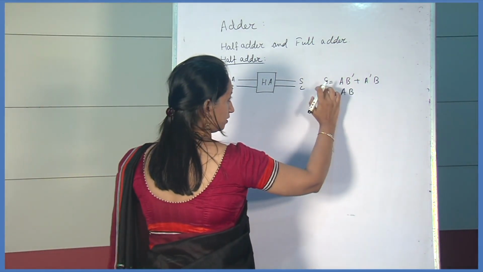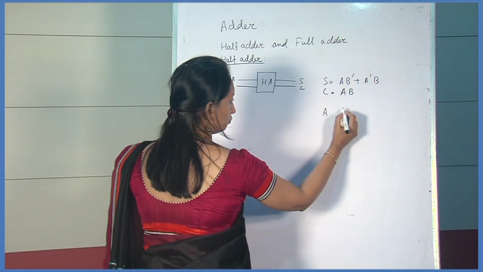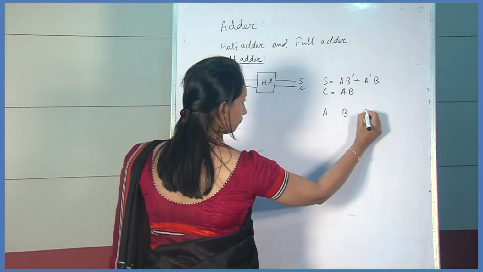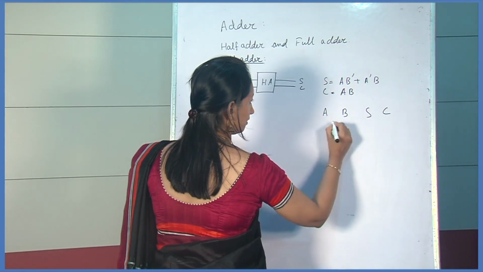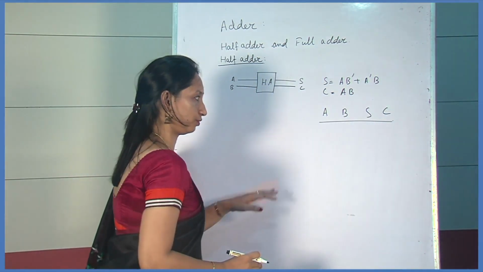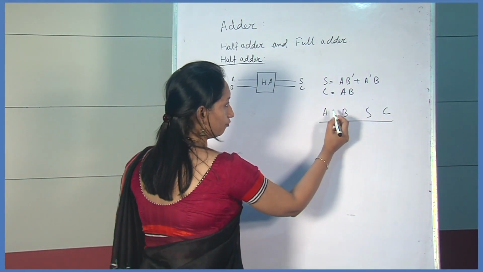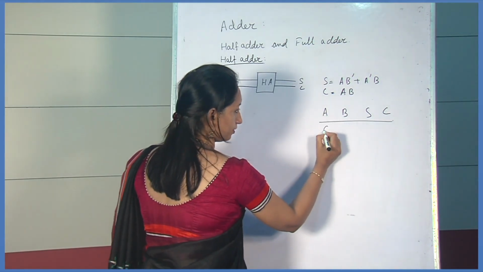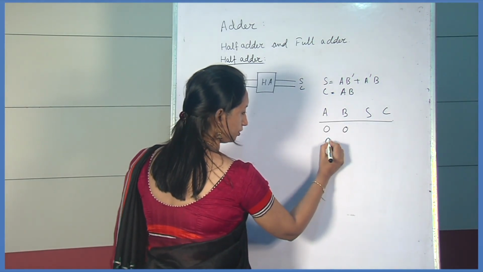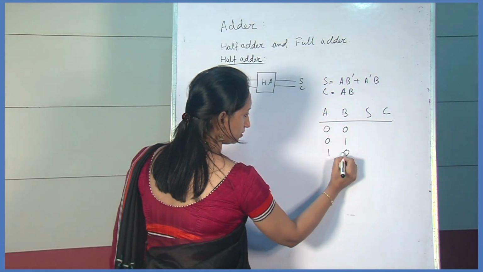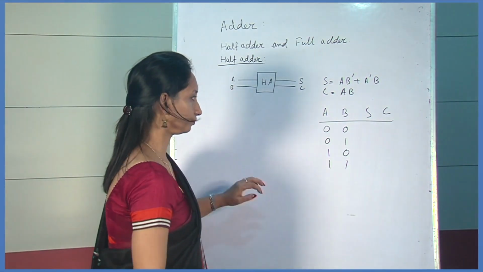Now from these equations, the truth table will be A, B, then S and C. So the truth table of the half adder for the two inputs A, B is 0 0, 0 1, 1 0, 1 1.